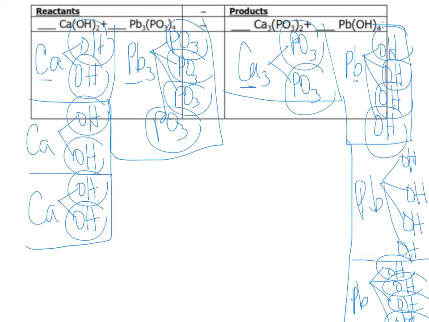Circle my OH groups. Alright, now that made 12 groups of OH, and over here I only have 6.